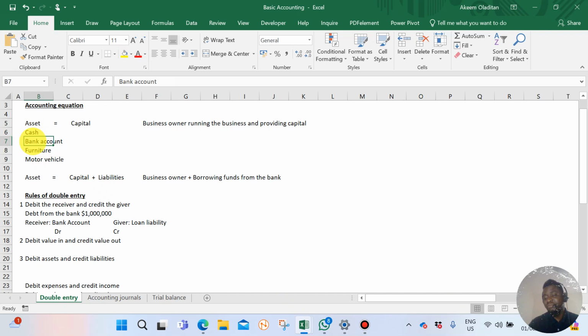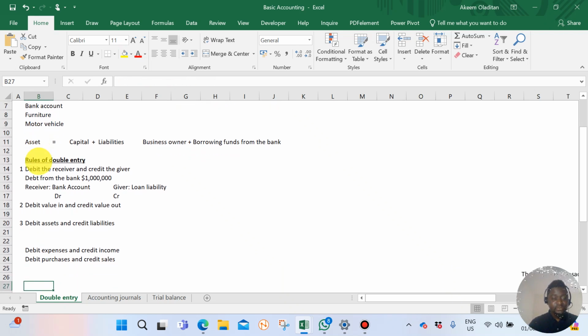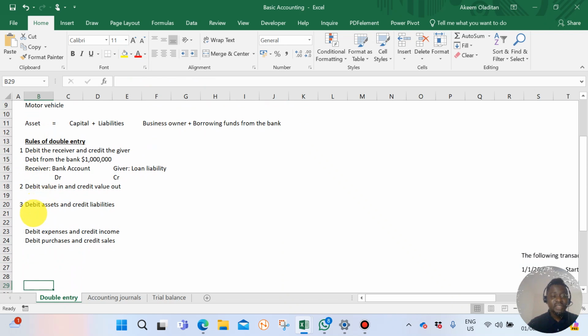Yes, maybe the business owner has a bank account. This one is maybe when the business owner brought in furniture, and this one maybe when they brought in a motor vehicle. So in this instance, you will see that what we are saying is that if at any point in time you are bringing in an asset and it's increasing the value of the assets, for instance cash added, it means that you have to debit that asset.